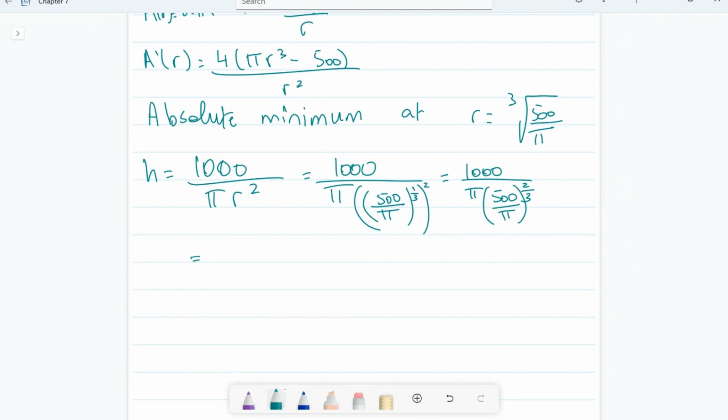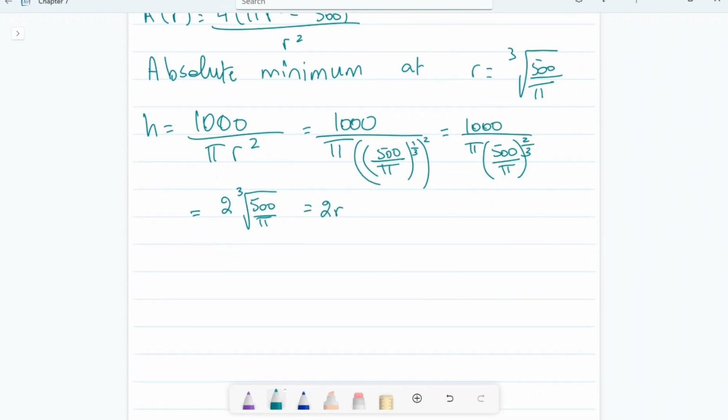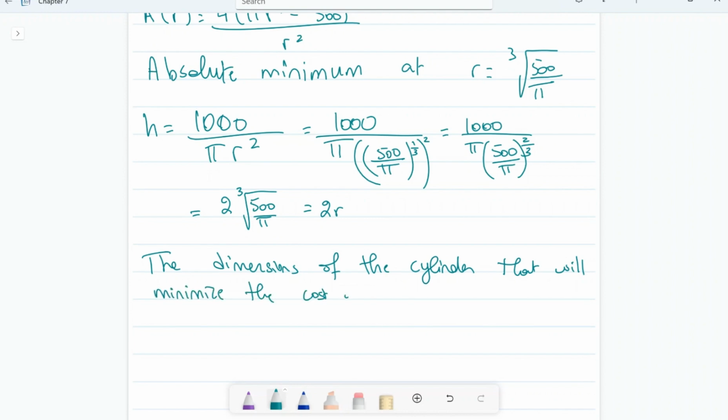I just wanted to let you know that if you continue simplifying, you will get 2 times the cubic root of 500 over pi, which is 2r. So the dimensions of the cylinder that will minimize the cost of metal are r equals the cubic root of 500 over pi and h equals 2r.